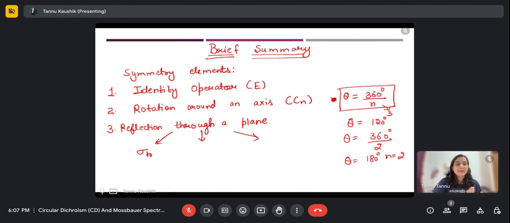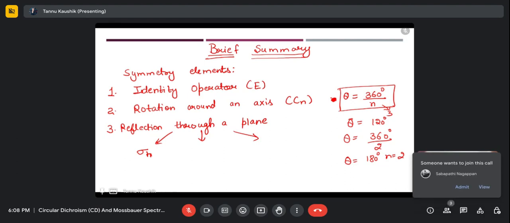That is the minimum angle at which we are rotating a molecule, such that we are getting an equivalent configuration. For example, if a molecule has C2 axis also and C3 axis also. So if we rotate the molecule around 120 degree angle, then this is the minimum angle after rotation, around which we get an equivalent configuration.